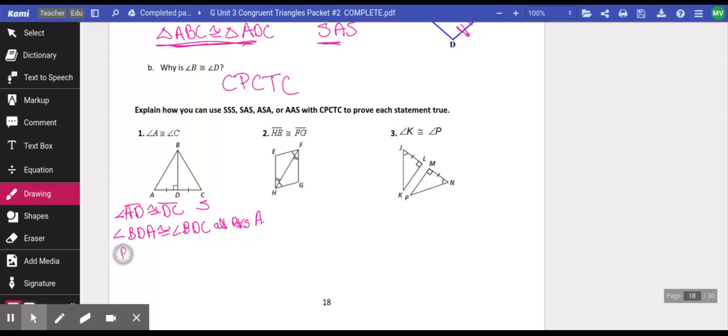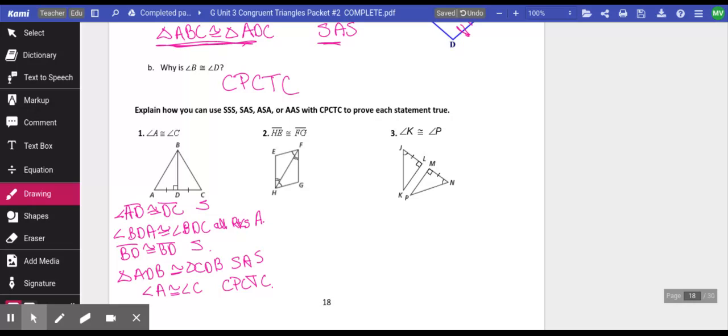And then I know BD is congruent to BD, reflexive. That gives me another side. So that means that triangle ADB is congruent to triangle CDB by side, angle, side. Therefore, angle A is congruent to angle C by CPCTC.